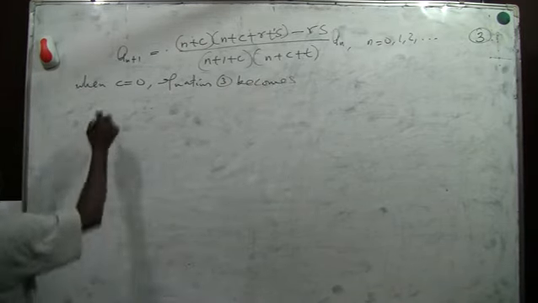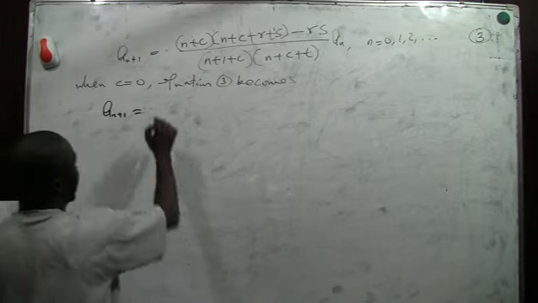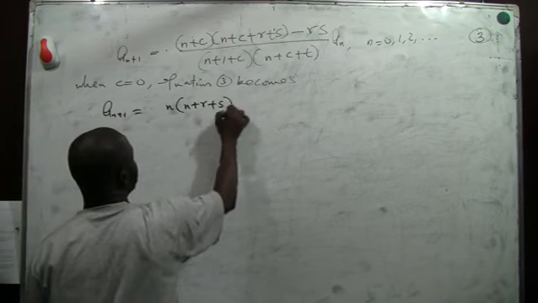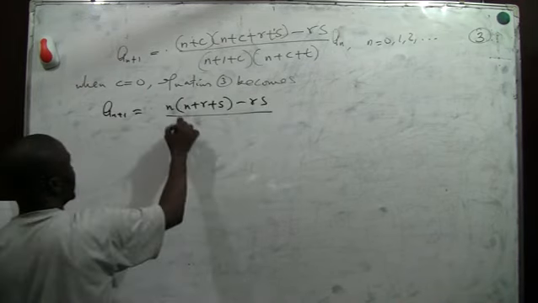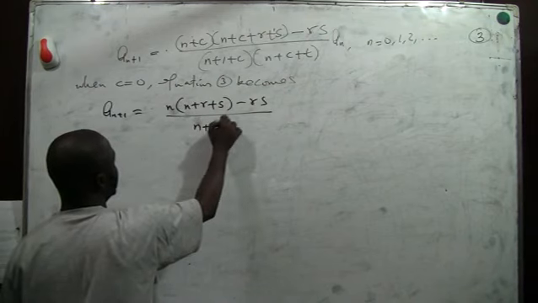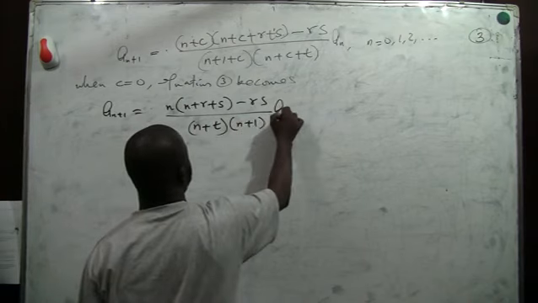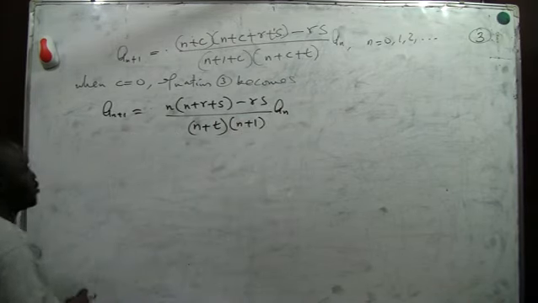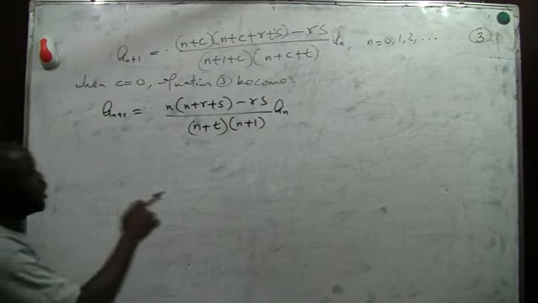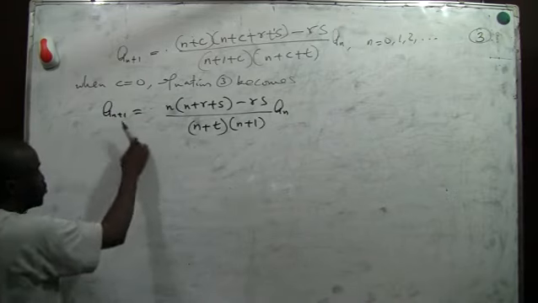Equation 3 becomes a_(n+1) equals (n(n + r + s) + rs) divided by ((n + t)(n + 1)) times a_n. So that's what you're going to have. Don't forget that our n starts from 0 upward. Then we substitute 0, we substitute 1.